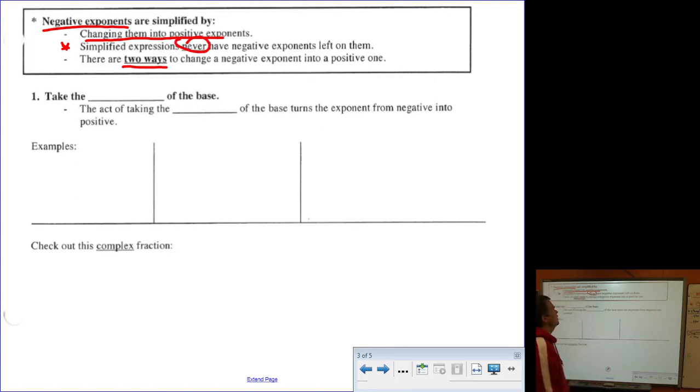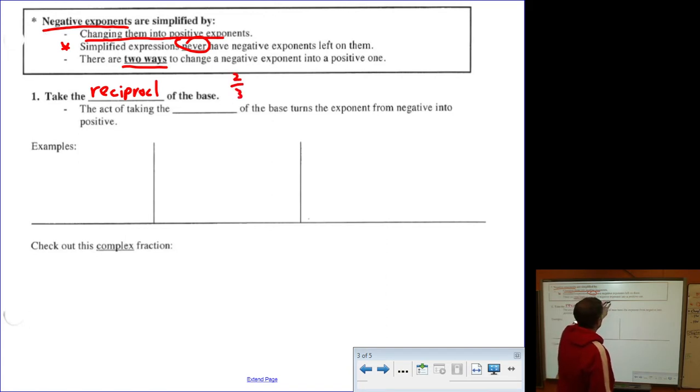There are 2 ways to change a negative exponent into a positive one. Really there's just one way, but there's 2 ways to think about it. Taking the reciprocal of the base is how you turn an exponent positive. Do you remember what reciprocals are?